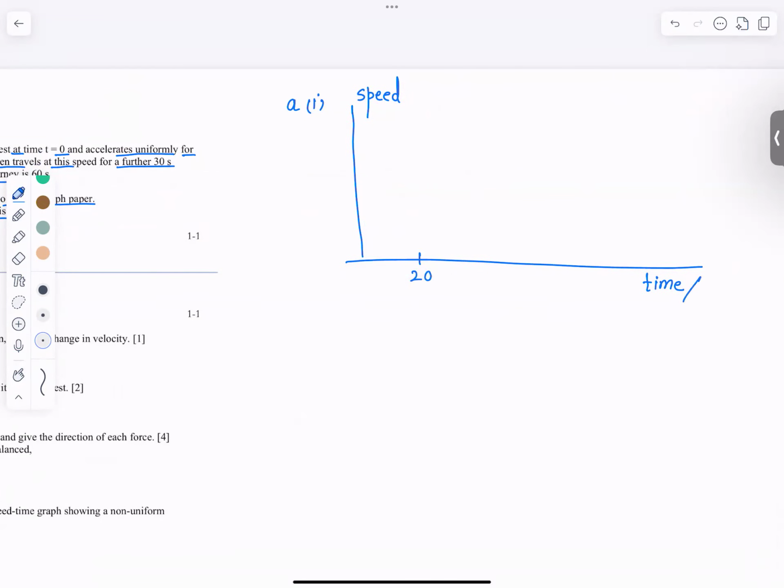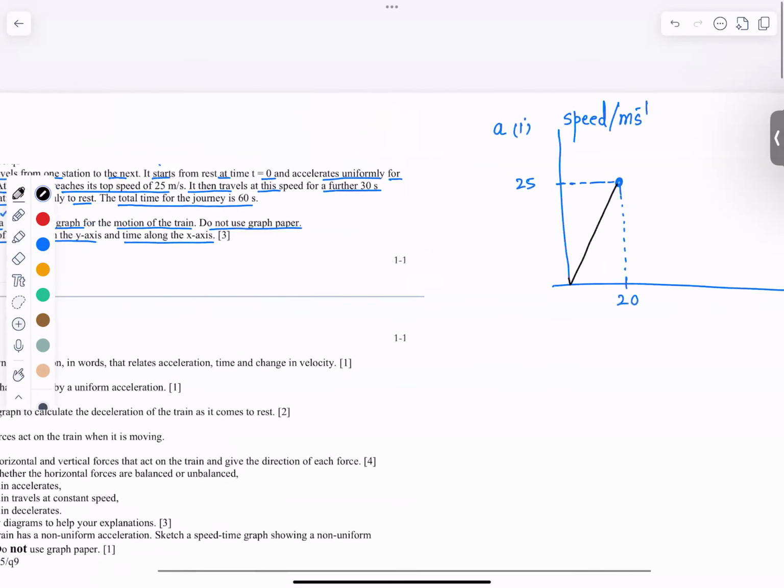So up to 20 seconds we have a uniform acceleration, so a straight line. This straight line shows that the train has a uniform acceleration.